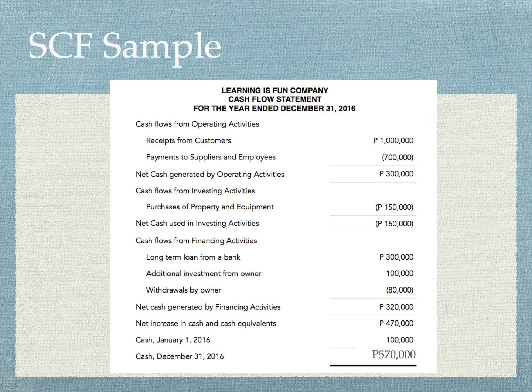First, we have the operating activities. Second, we have the investing activities. And then third, we have the financing activities. And then of course, at the end of this, you're going to add the beginning balance of cash.